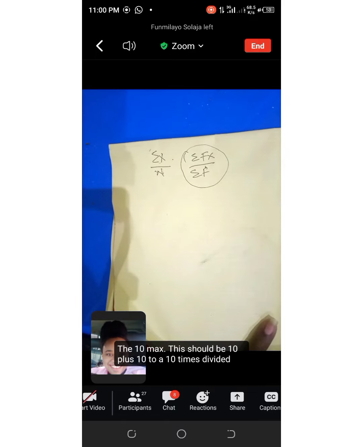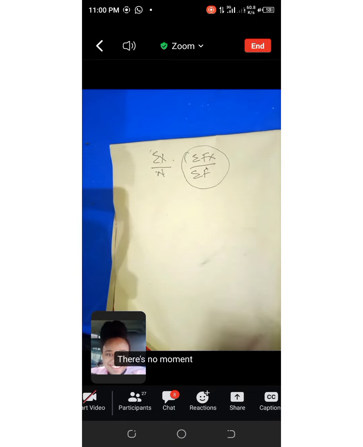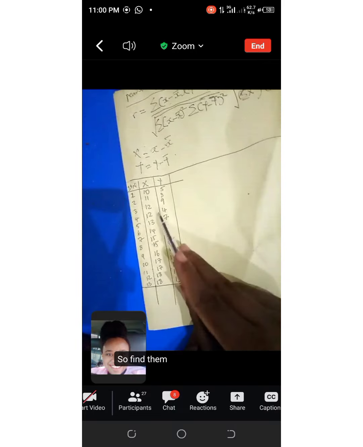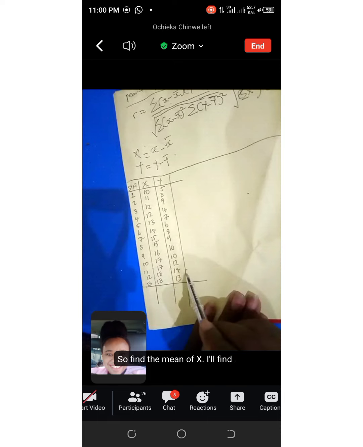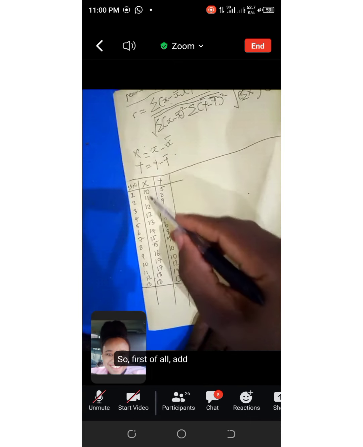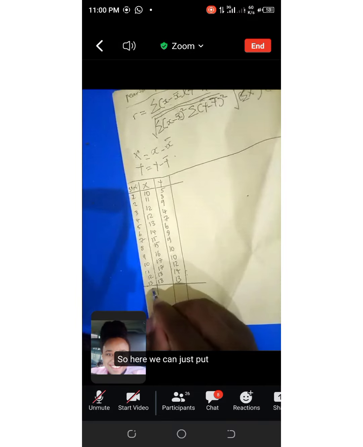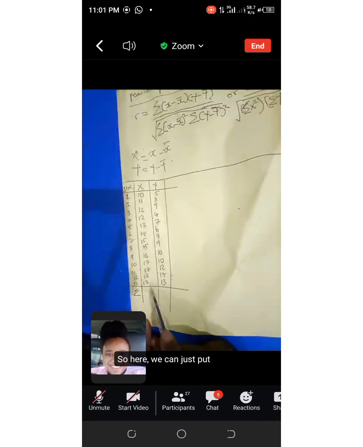That's the normal mean. So that's what we are going to do here. We'll find the mean of x and the mean of y. First of all, we'll add all these to get the summation. Summation just means the sum, the addition of everything.